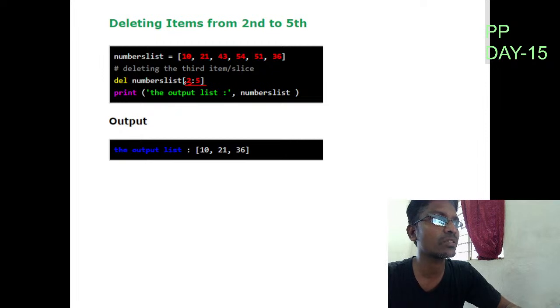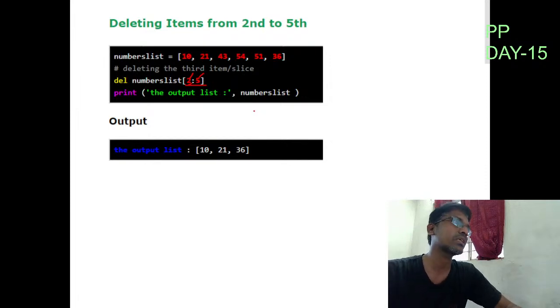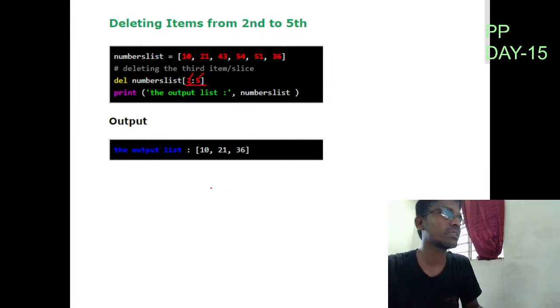That means the second index will be included and the fifth index will be excluded. So then what are the values in this example? The given elements are 10, 21, 43, 54, 51, and 36.